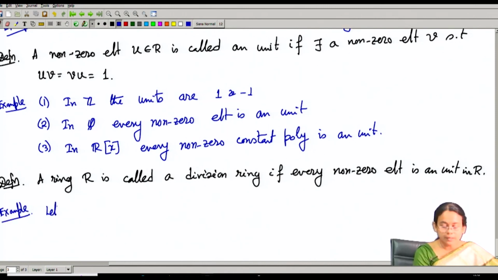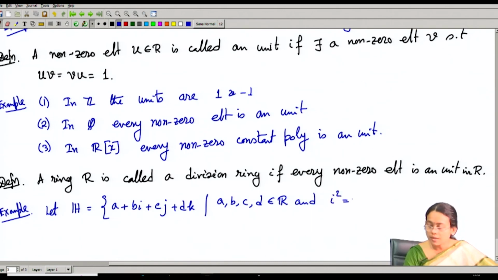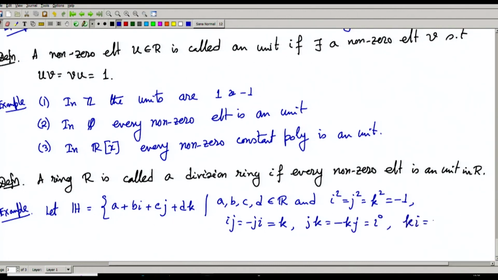So, for example, let us consider H. H is nothing but the elements of the form a + bi + cj + dk, where a, b, c, d are real numbers, and there are relations between i, j and k: i² = j² = k² = -1, and ij = -ji = k, jk = -kj = i, and ki = -ik = j.